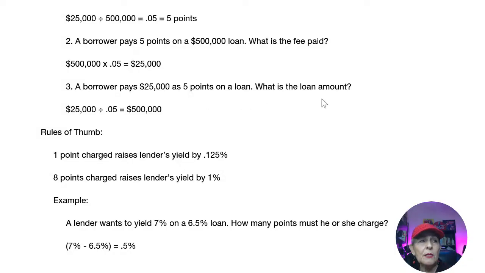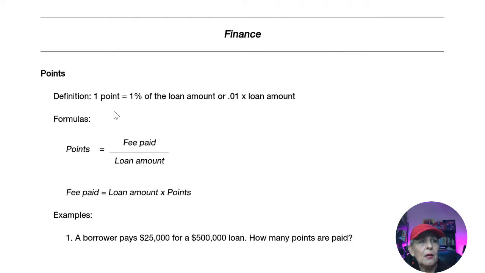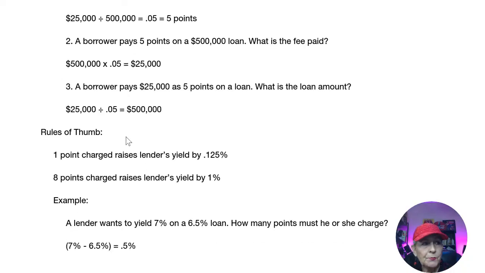What is the loan amount? 25,000 divided by, I said multiply, divided by 0.05. Oops, let me go back. So the loan amount will go over here, and you've got the fee paid divided by the points gives us the loan amount.